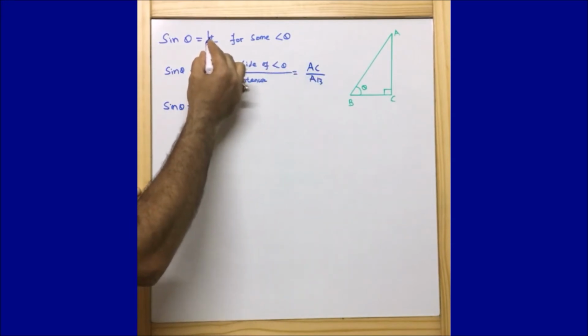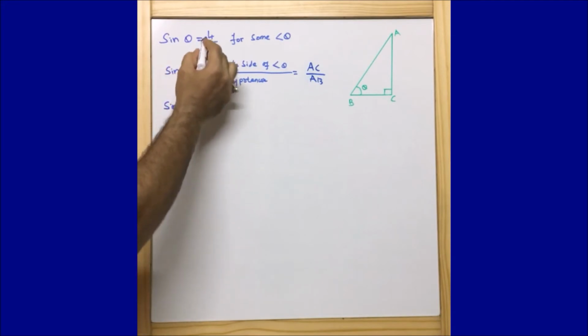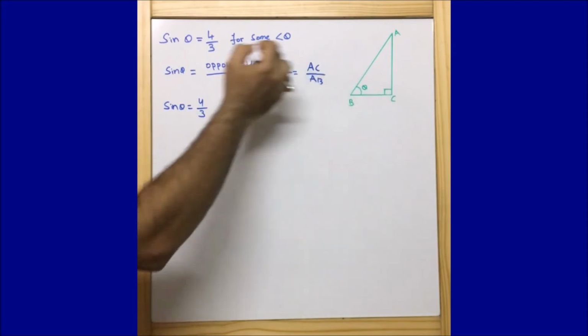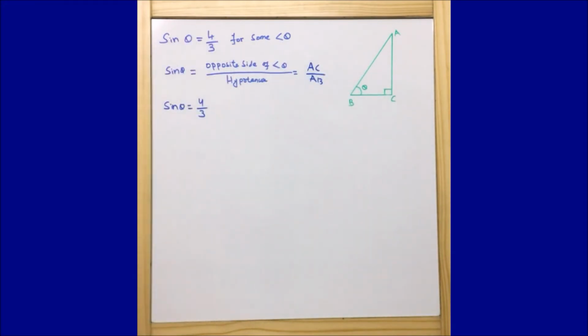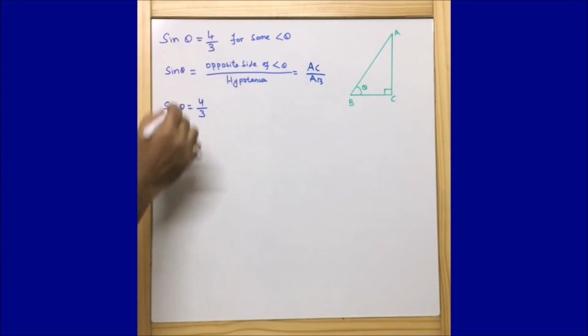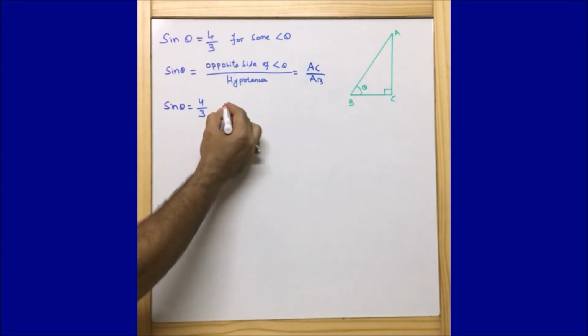You could see that 4 is greater than the hypotenuse. If we consider 4 as one of the sides AC and 3 as the hypotenuse, this is not correct, because the hypotenuse should always be greater, and being the hypotenuse, it should be in the denominator, not in the numerator. So for that reason we can say this statement is false.